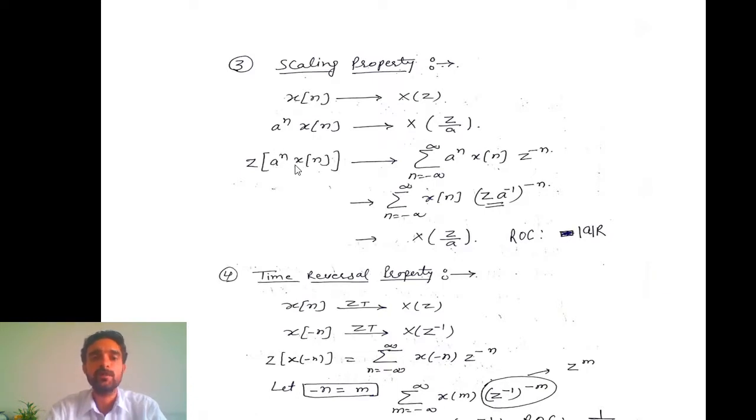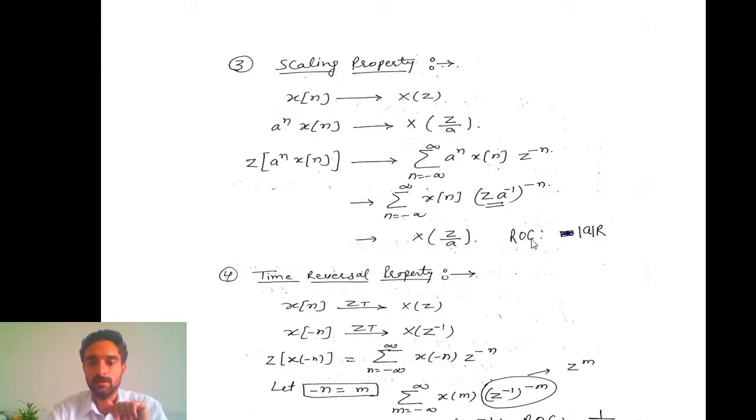The z transform of a to the power n x of n is the sum of a to the power n x of n z to the power minus n, so z multiplied by a inverse, to the power minus n. This is the z transform, which we can define as x of z by a.